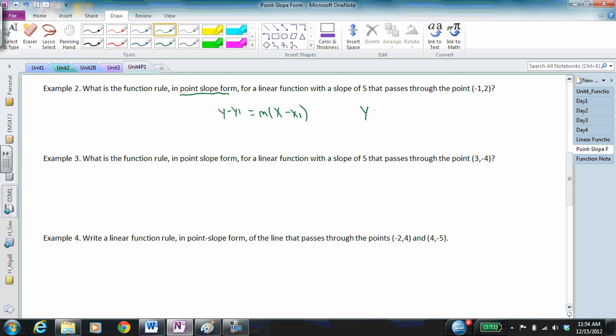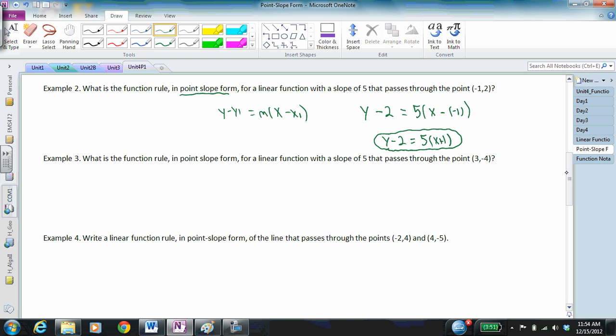So that's y minus 2 equals the slope, 5, times x minus negative 1. Remember, minus negative 1 becomes plus, so that's y minus 2 equals 5 times x plus 1. That would be the best way to write that linear function in point-slope form.